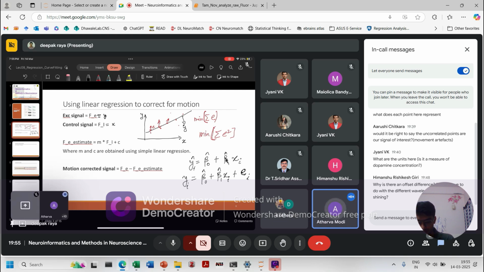So what we are minimizing here is sigma e i squared, and that minimization gives us a line that fits the y and x values, and that line is called the line obtained through ordinary least squares regression.